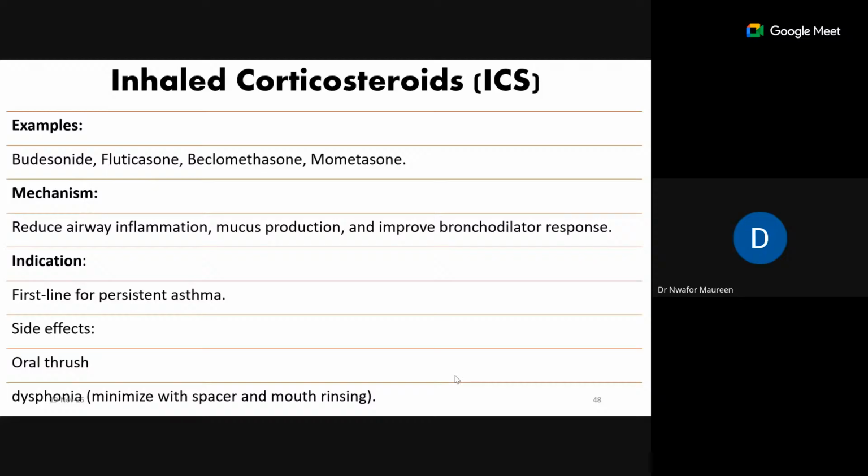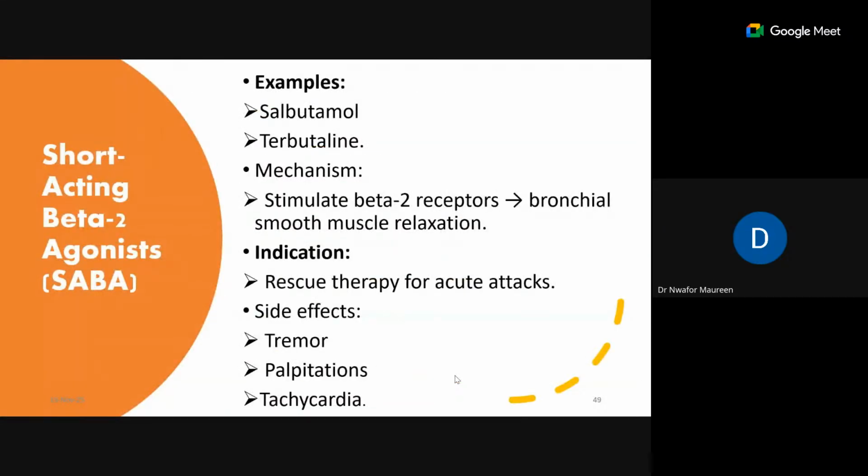So it's the first line for persistent, and that means it's a chronic issue. But remember the side effects, oral thrush and dysphonia, that we have to minimize with spacers and mouth rinsing once we are using inhaled corticosteroids. Always tell patients to rinse their mouth after use.